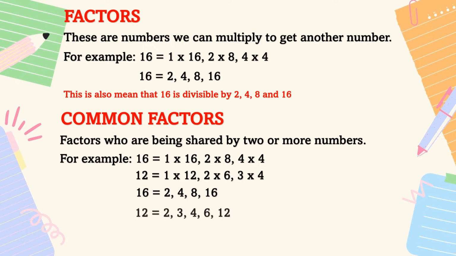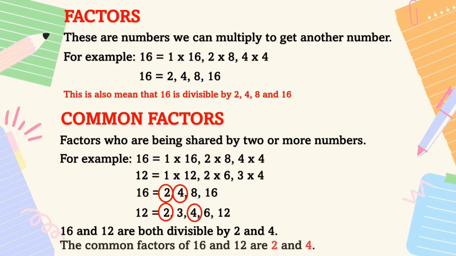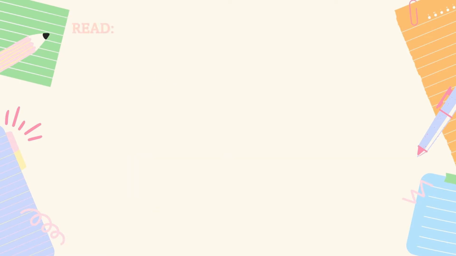And those are 2 and 4. Therefore, 16 and 12 are both divisible by 2 and 4, and the common factors of 16 and 12 are 2 and 4. Do you understand, kids? That's great. Now let's have this problem.